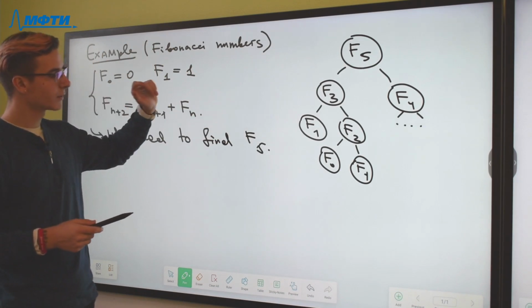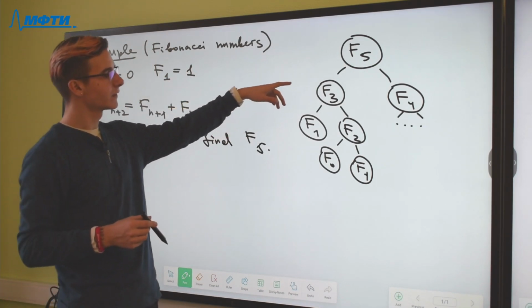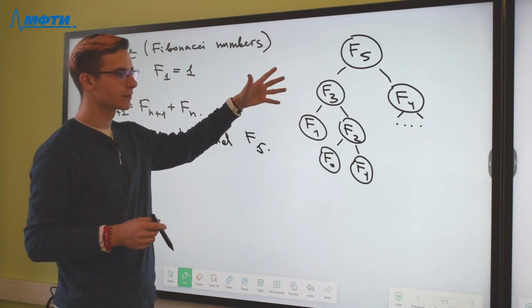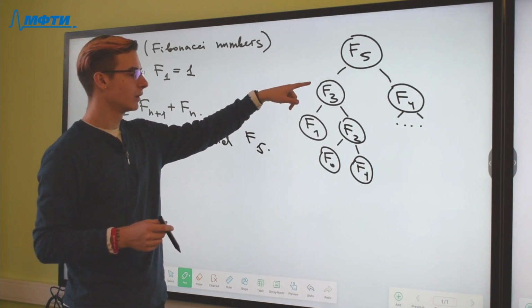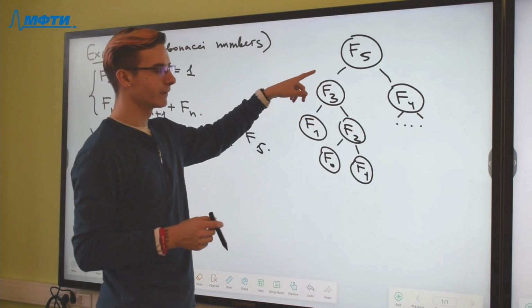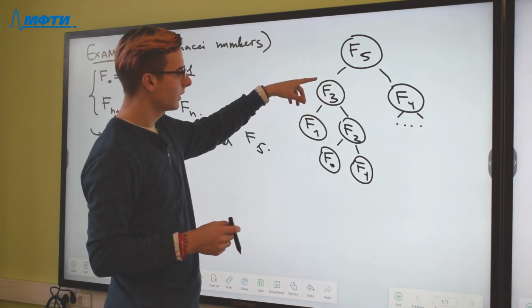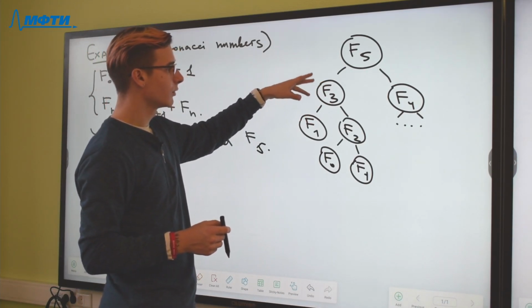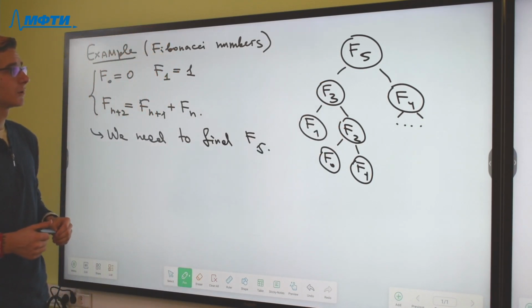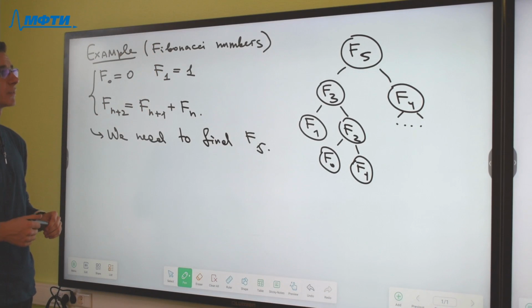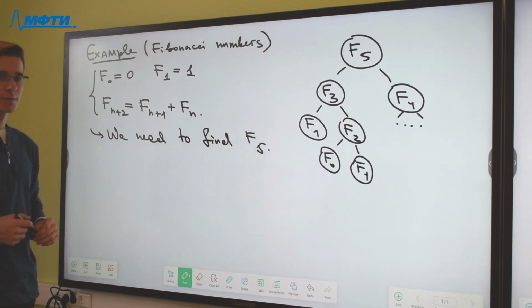You can say that one node is equal to one subtask. For example, we need to find f with index 3, and then the number of nodes grows exponentially, asymptotically.